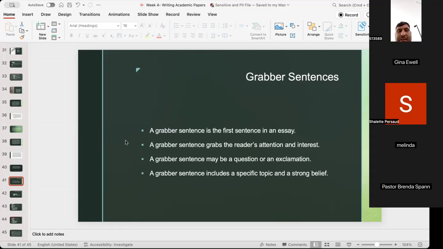Okay, grabber sentences. A grabber sentence is the first sentence in your essay. It grabs the reader's attention and interest. It makes them want to say, oh, I want to read more. It can be a question, an exclamation, or just a plain sentence, and it should include some specific topic or belief that pulls you in.